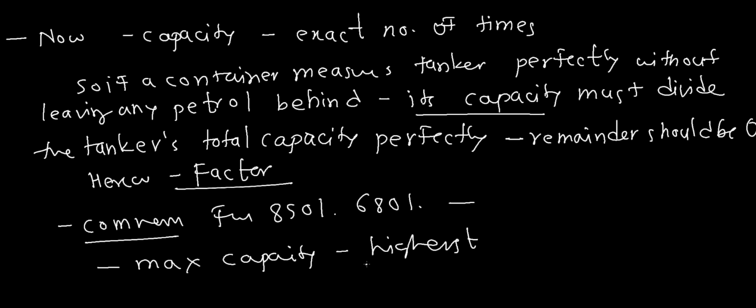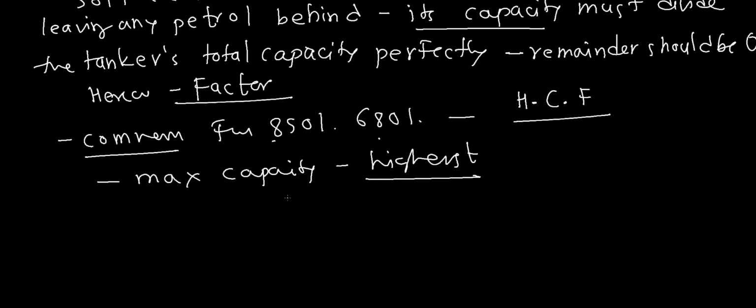So again a term comes, highest. So as we can observe, we need to find the highest common factor, HCF, to get the capacity of that container which divides perfectly the tankers of capacity 850 and 680 liters. So we need to calculate HCF. So let's go ahead with that.